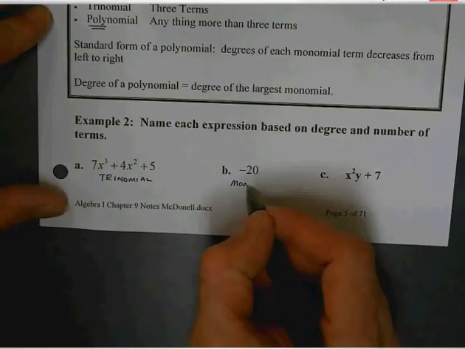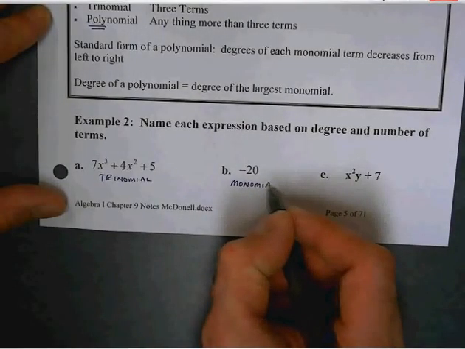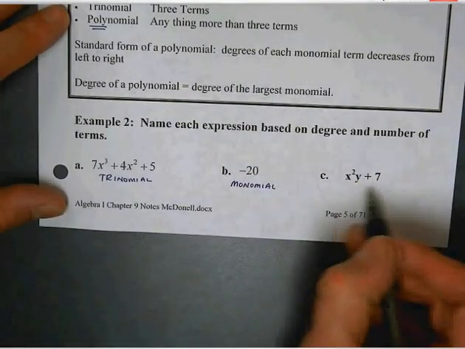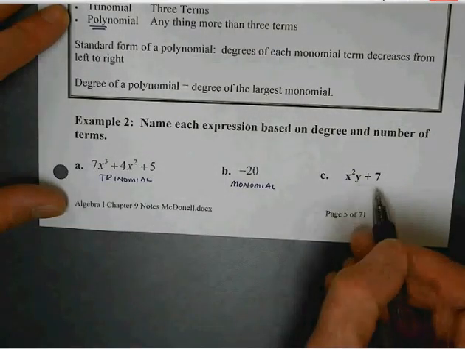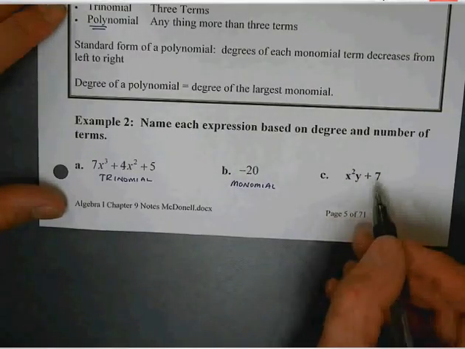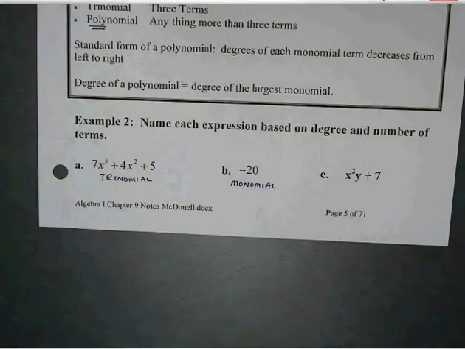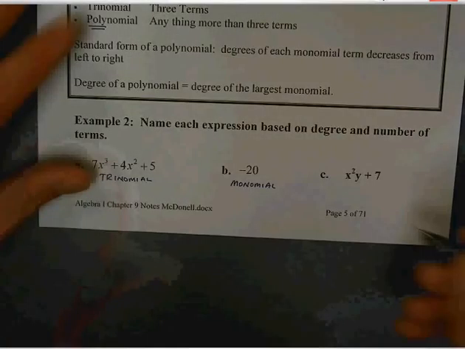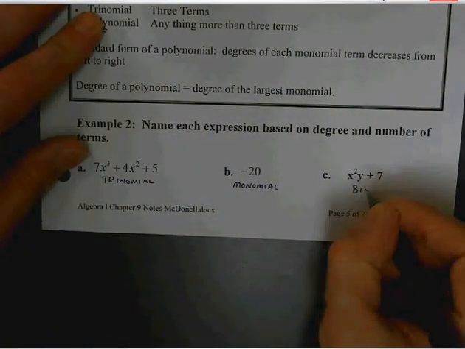Monomial. And how many terms does this last one have? I see 3 parts, but only 2 parts are connected with addition. That x squared and the y, isn't this all one term? So we really just have 2 terms. And what's a 2-term thing called? Binomial. Thanks, Ryan.